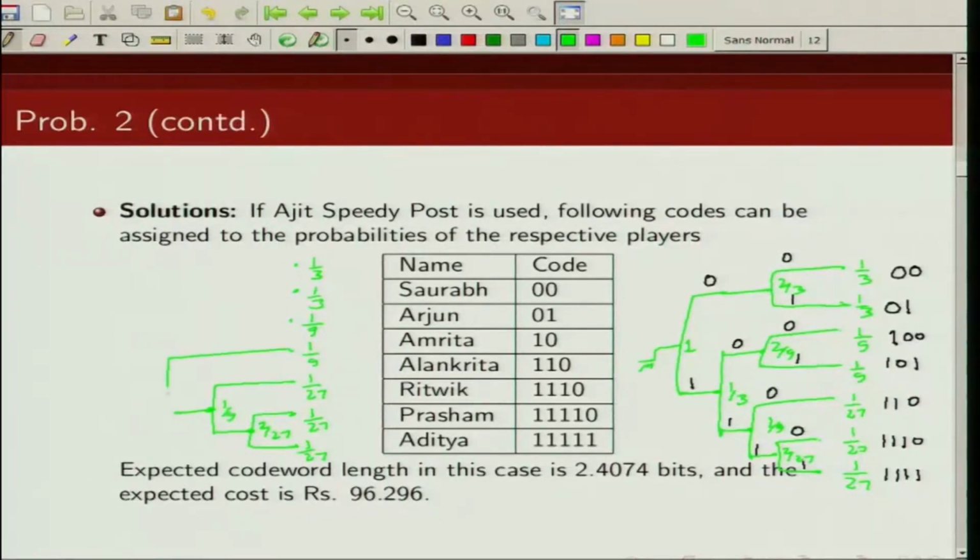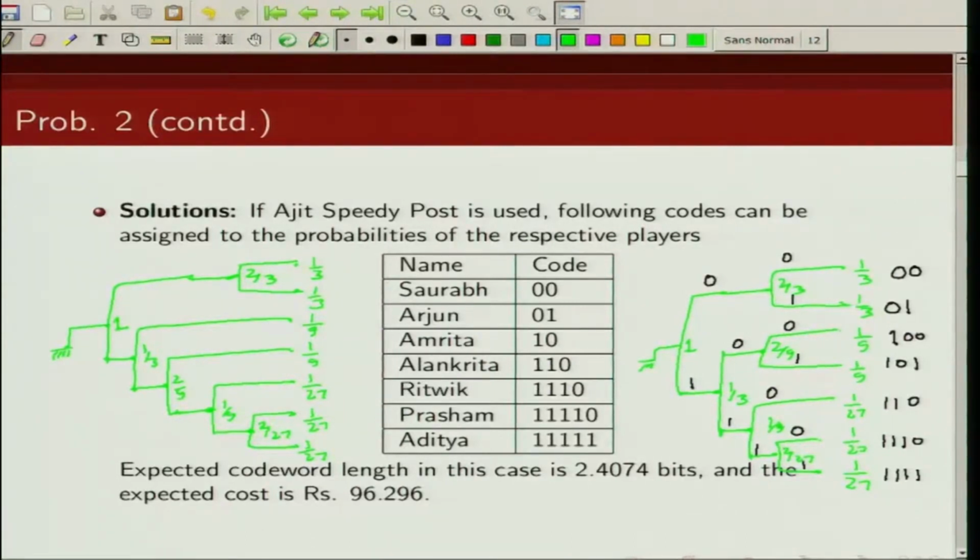I can combine these two nodes to get a new node with probability 2/9, and then I can combine these two to get a new node which has probability 1/3. I can combine these two nodes to get a new node with probability 2/3, and then I can combine these two to get my root node with probability 1.